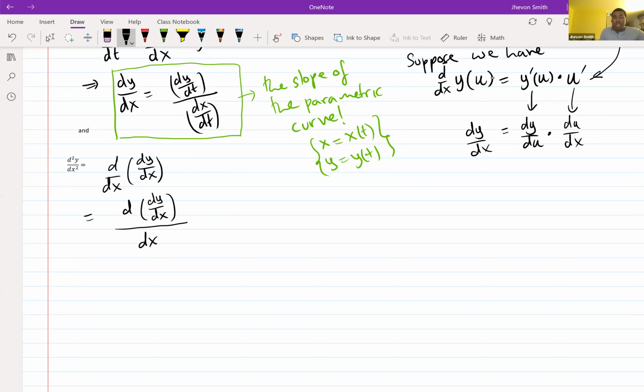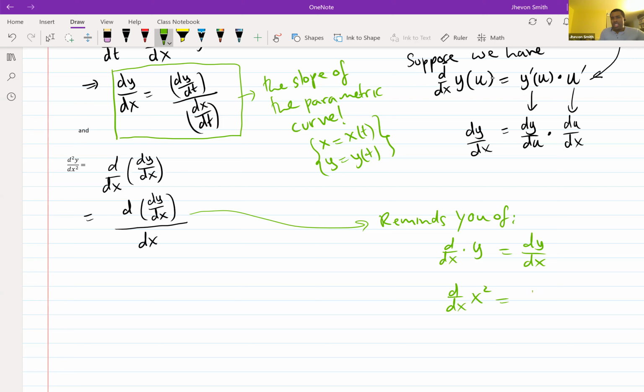And that really shouldn't be weird that I wrote it like that. Hopefully it reminds you of, if I were to take d dx of some function y, another way to write that is dy dx, right? So I could say d dx of x squared. We understand that really you can write it as d of x squared over dx. We don't really do that very often, but it's the same kind of manipulation as this dy dx. So I just move this guy to the top, put it beside the d.